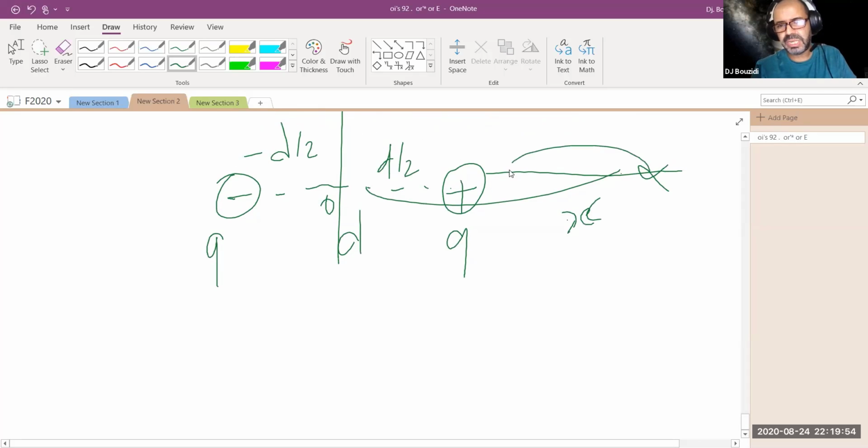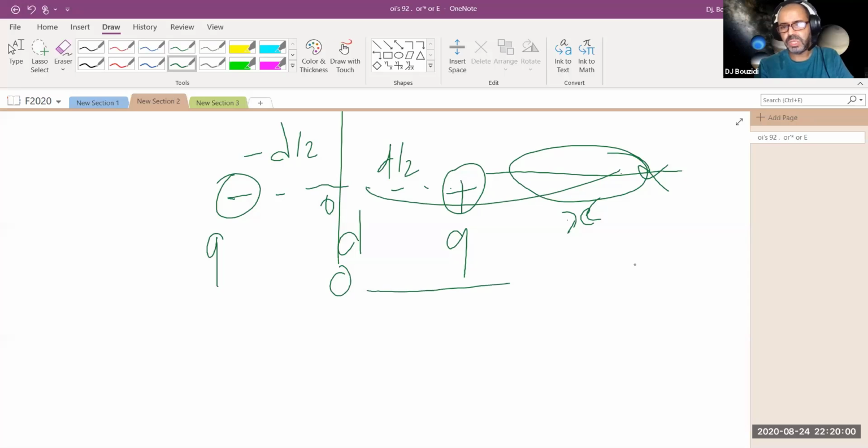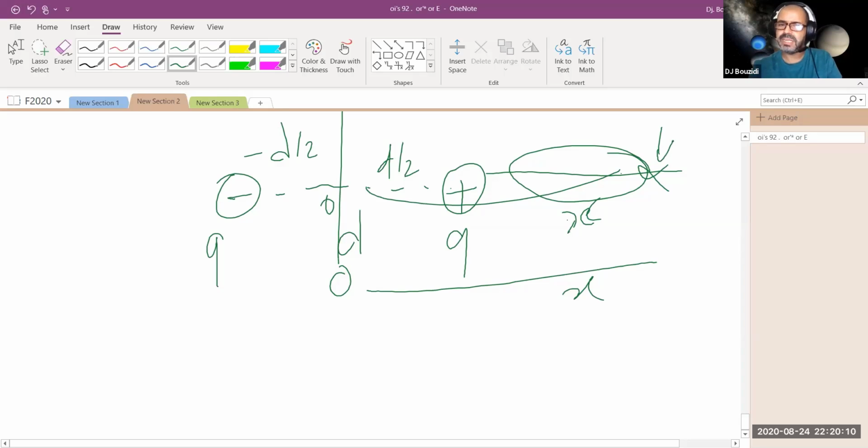I need to know this distance. This is my origin. This whole distance is x, and this distance is d over 2. The distance between the positive charge q and the point where I want to find the electric field, which is at a distance x from the origin, is x minus d over 2.